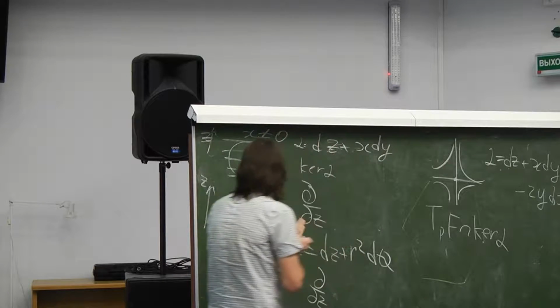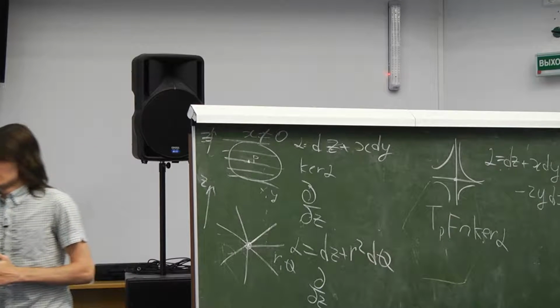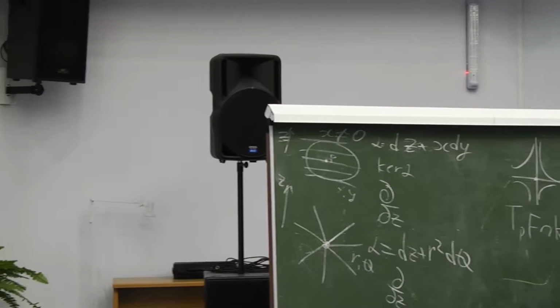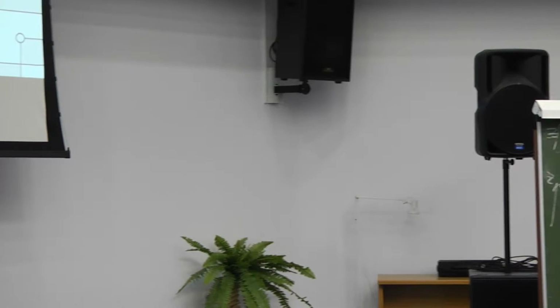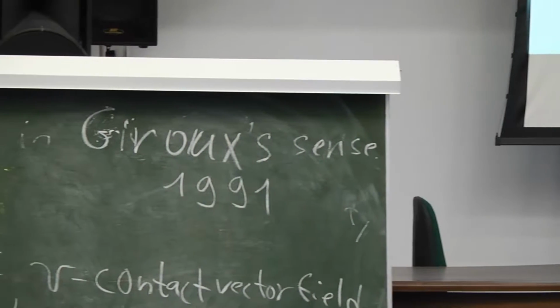Okay. So, the theorem of Giroux is that the condition that the surface is convex is general.